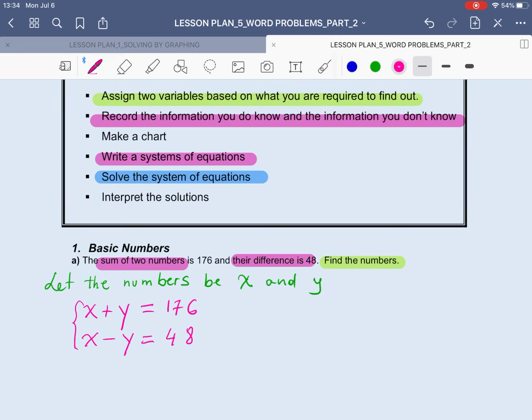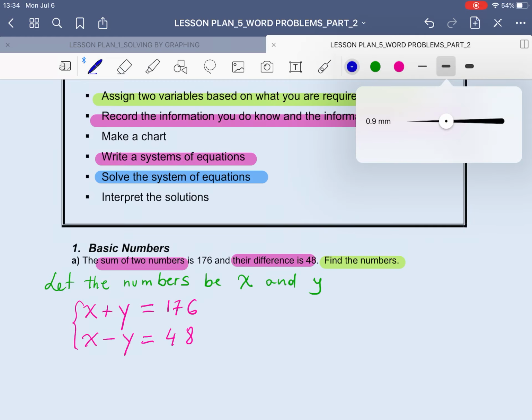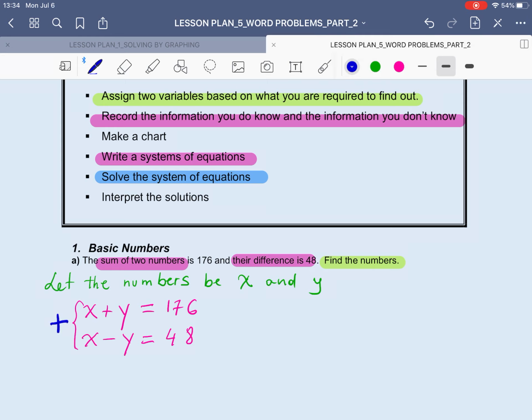And as I solve by using elimination, I'm thinking, which variable do I want to eliminate first? And I see that if I added the two equations, then I could easily eliminate y. So I will do that.